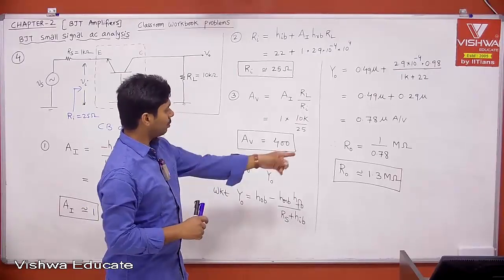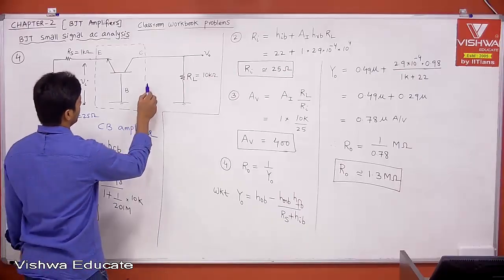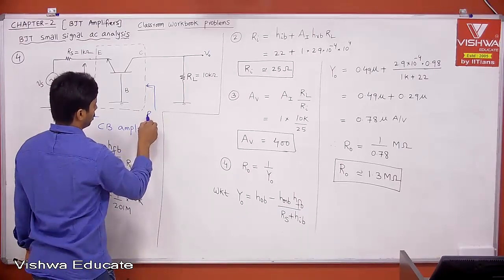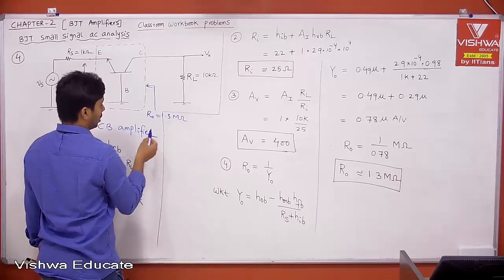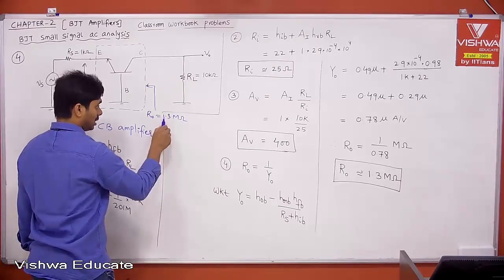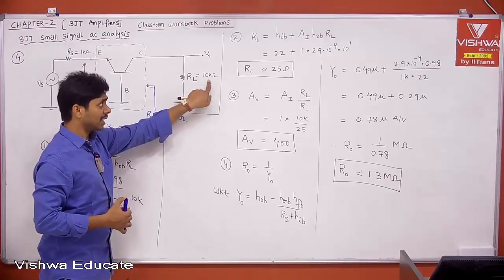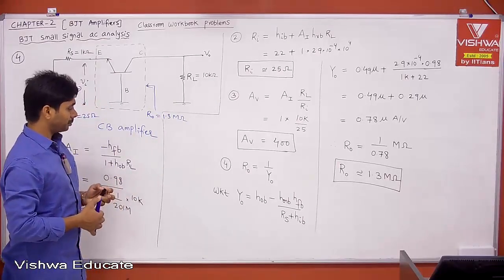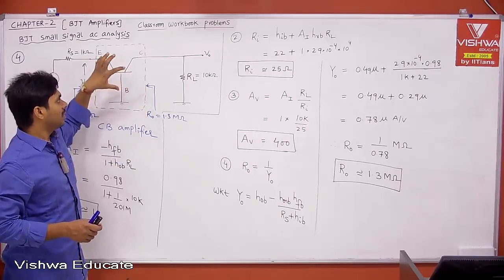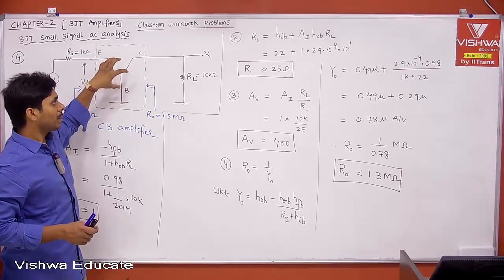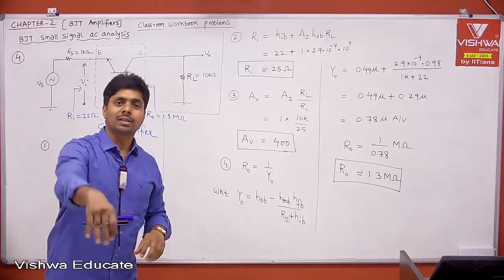Now, what is your output impedance? Your output impedance R0 is equal to 1.3 mega ohm. Is it very high? Yes, it is very high with respect to 10K, sorry. And we want very high output impedance for a current source.